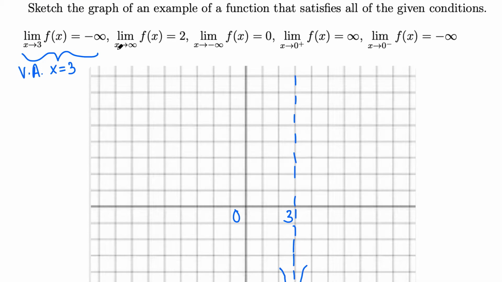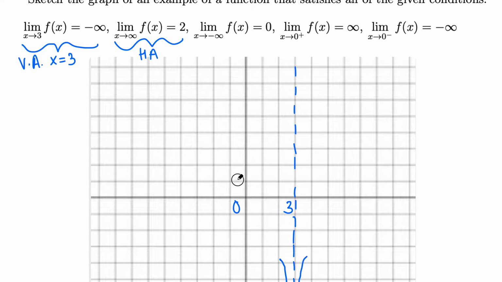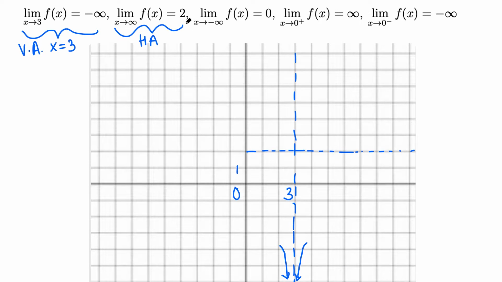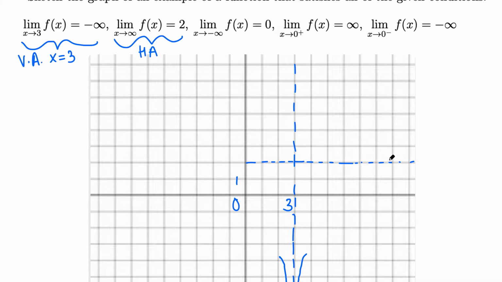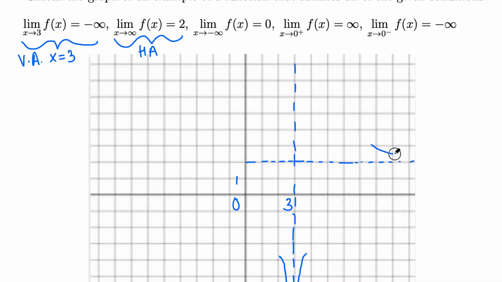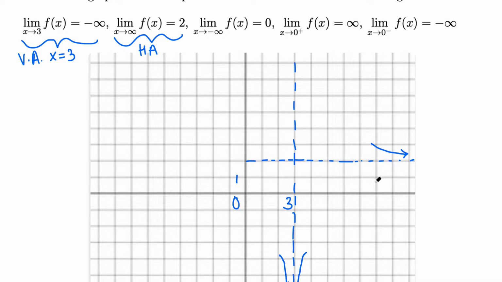Next, when x goes to infinity, the function approaches 2. That means a horizontal asymptote. So on the positive side, okay, the function approaches 2. So 1, 2. On the right side, the function is approaching 2. So it could be coming from the top or coming from the bottom.